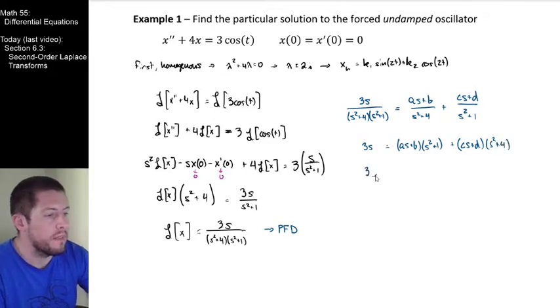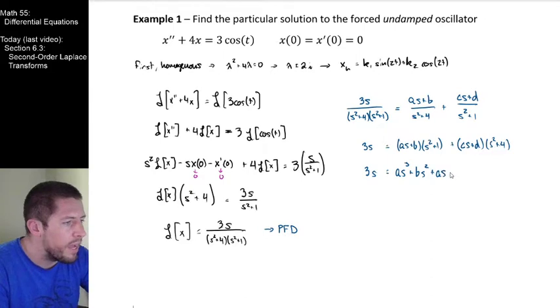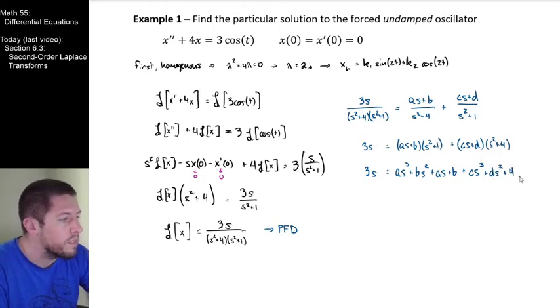I'm going to expand this to get 3s equals, so what do we got? As cubed plus bs squared plus as plus b, and then cs cubed plus ds squared plus 4cs plus 4d.